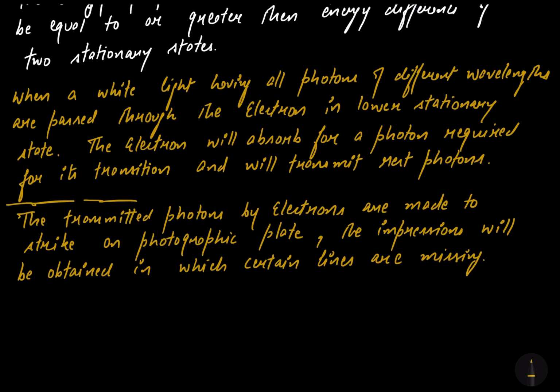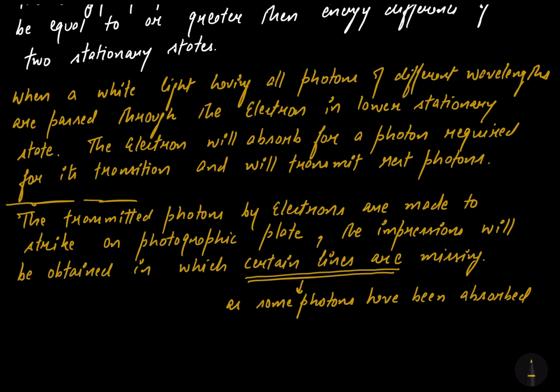So certain lines are missing as some photons have been absorbed by electron.